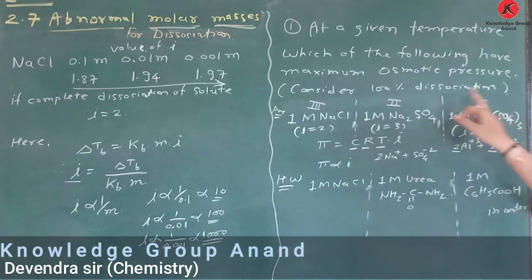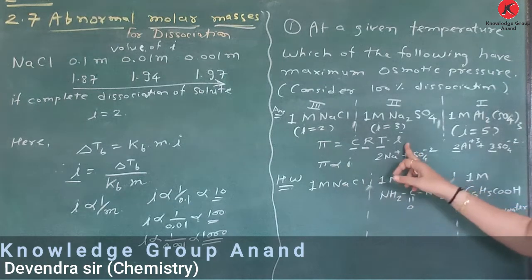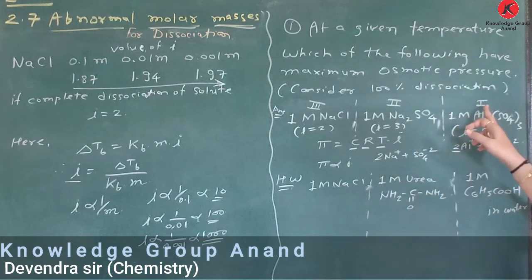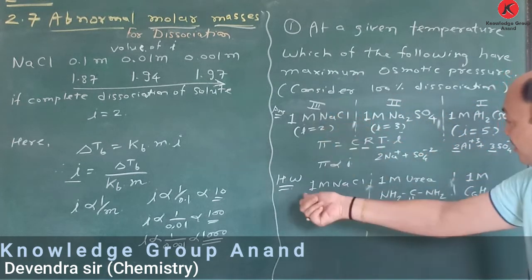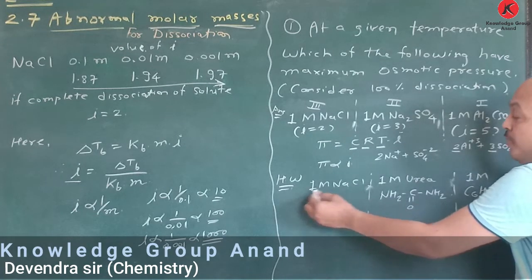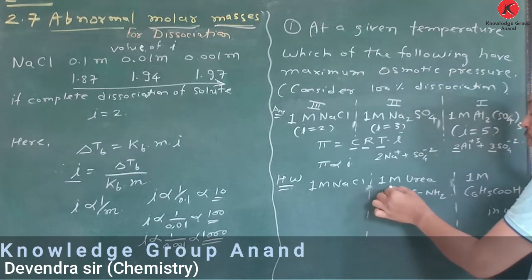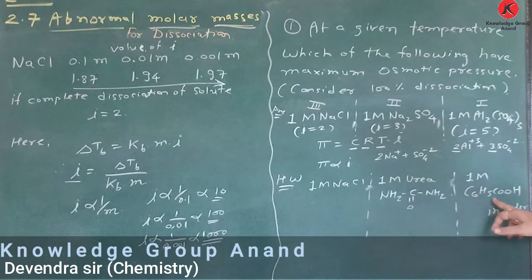So the first number is this, second number is this and third number is this, because the i factor increases in this direction. So we can say that the first in osmotic pressure is the higher one, second is this and third is this. In the same way, just give a try to solve this example: 1 molar NaCl, 1 molar urea NH2CONH2, whose molecular mass is 60 grams per mole, and 1 molar C6H5COOH, molecular mass 122 grams per mole.